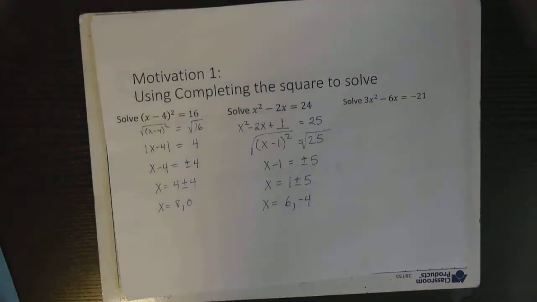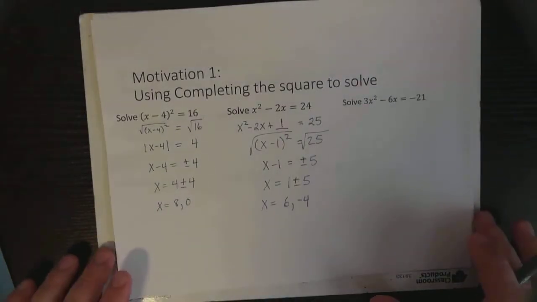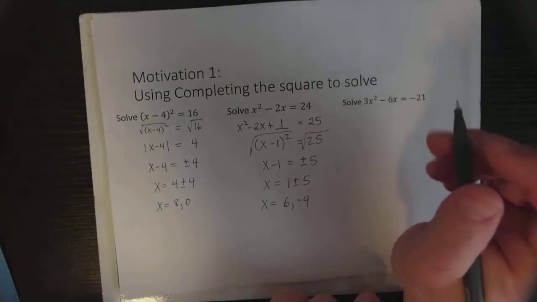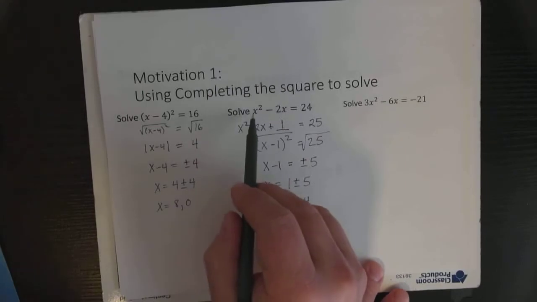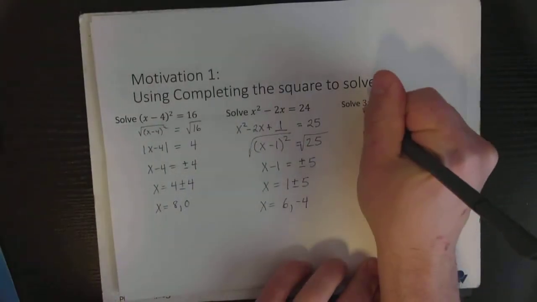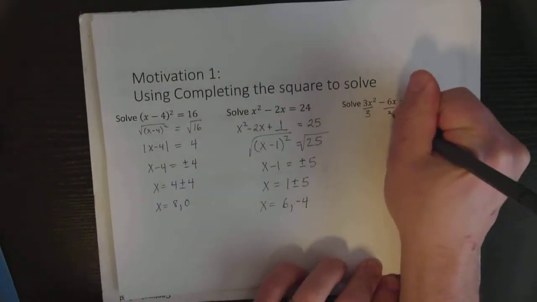Finally, a more complicated one, but the process is the same. 3x squared minus 6x equals negative 21. Again, I'm going to complete the square. Notice, completing the square is easiest when a is 1, so I'm going to divide each term by a.